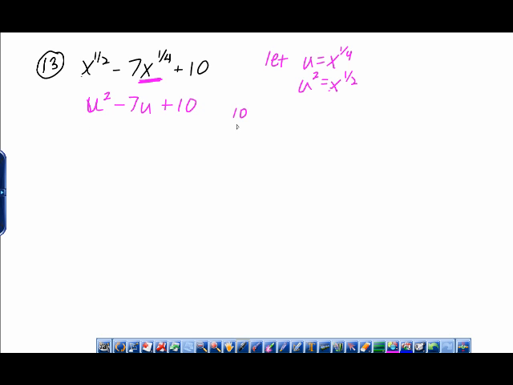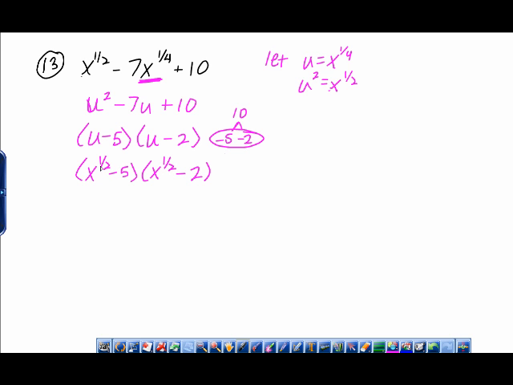Well, that factors nicely because the factors of 10 are 5 and 2, and we want them to be negative so that they will add to negative 7. So that becomes u minus 5, and this becomes u minus 2. This is all nice, but I didn't have a u in my original problem, so I got to go back. X to the 1/2 minus 5, x to the 1/2 minus 2. And as crazy as that looks, that is the final answer on the factoring.